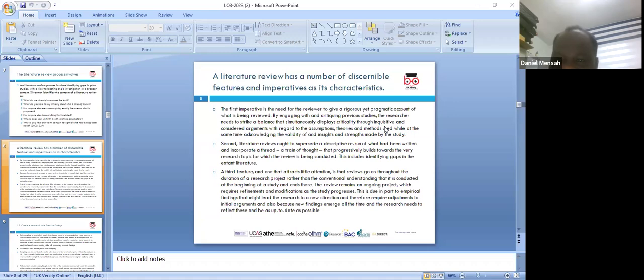By engaging with and critiquing previous studies, the researcher needs to strike a balance that simultaneously displays a critical, inquisitive, and considered argument with regard to the assumptions, theories, and methods used, while at the same time acknowledging the validity of and the insight and strength of the study.